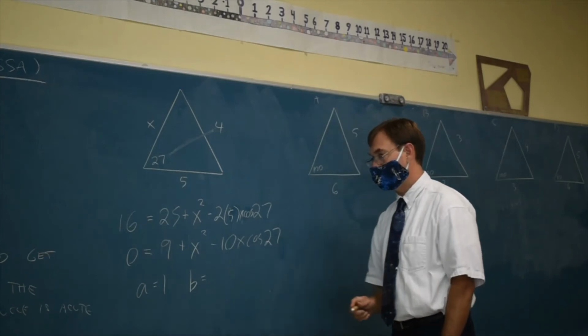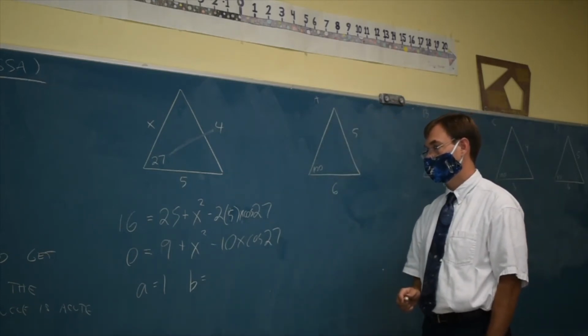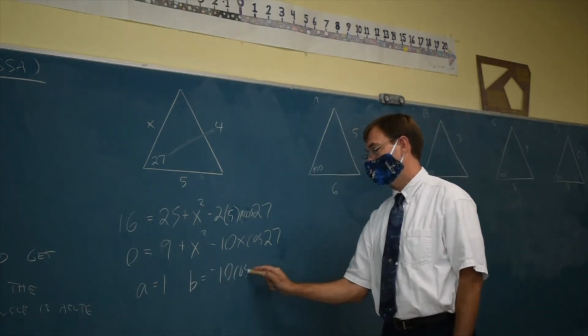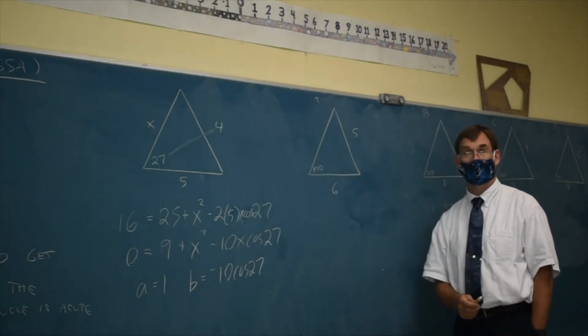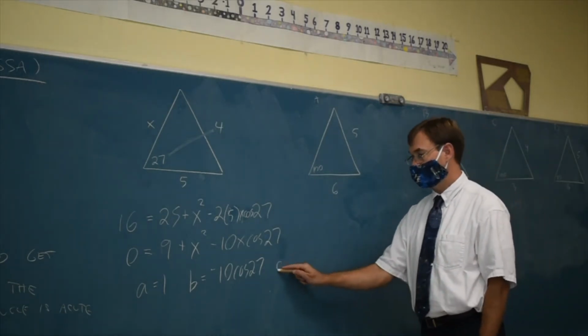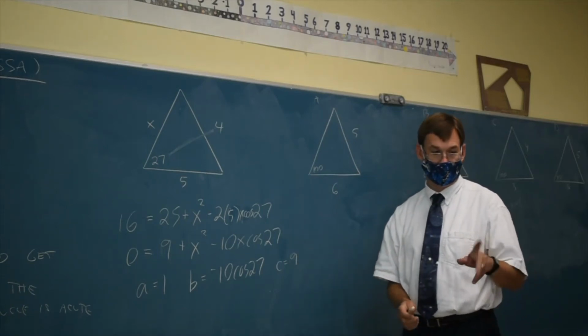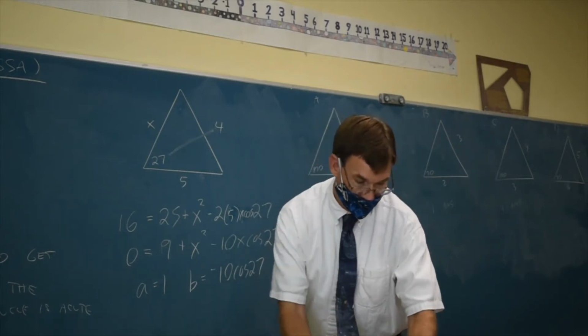It'll ask you for a B. Who is B? Negative 10 cosine 27. Everything with B, or everything with x, is B. And it'll ask you who is C? 9. C is 9. Punch some buttons.